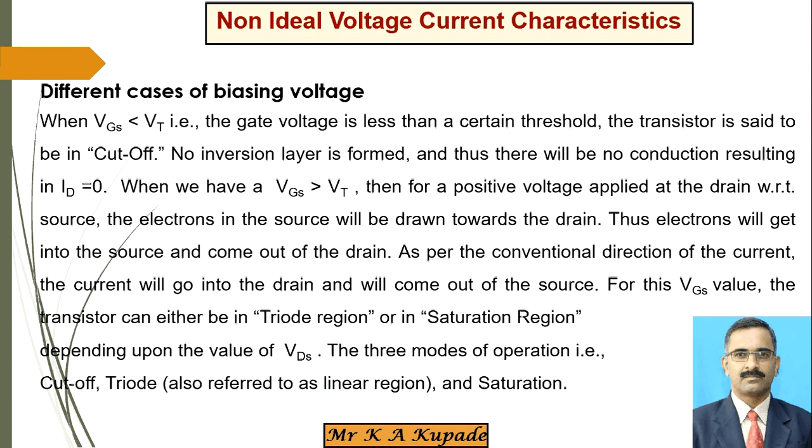As you increase the gate voltage and it reaches the threshold voltage, at that time the current starts flowing. By considering the values of VGS, the transistor is in either the triode region or the saturation region.